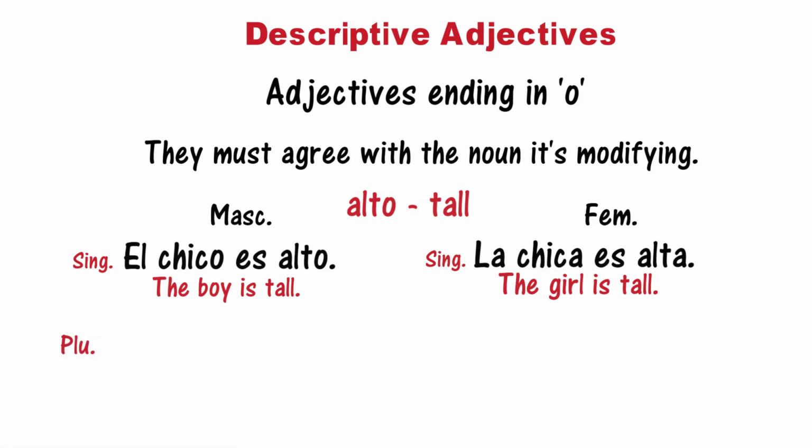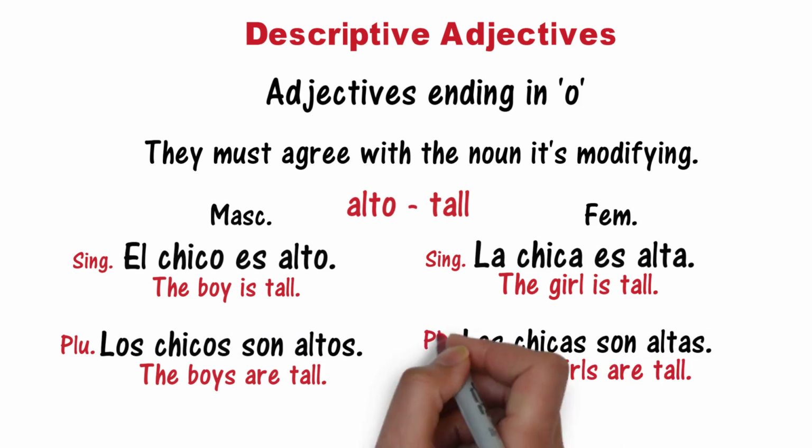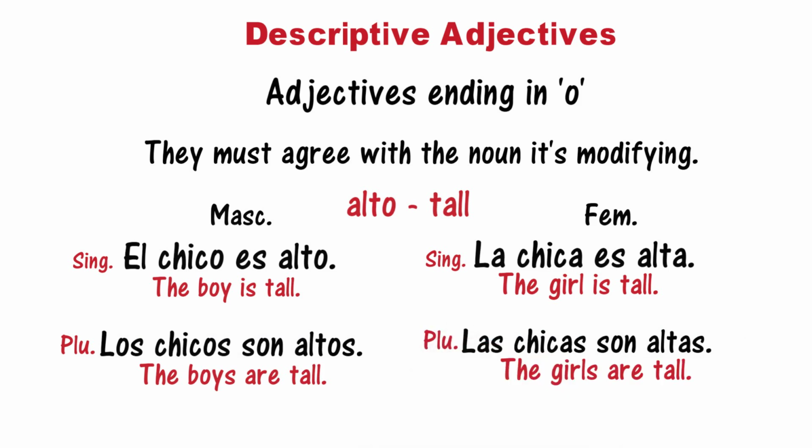Now in terms of number, we can have something like: los chicos son altos, las chicas son altas. If you look at this sentence carefully, you realize that los chicos is plural, and so the adjective also becomes plural.